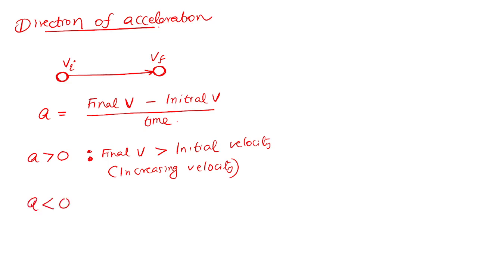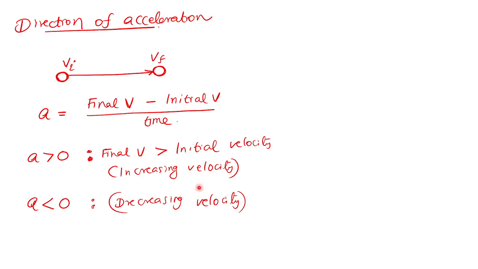You need not worry about this inequality. Acceleration will be negative if there is any decreasing velocity. Velocity reducing, right? For example, a car is moving along a straight road, the brake is applied. The velocity is decreasing in that case. Acceleration is taken as negative.